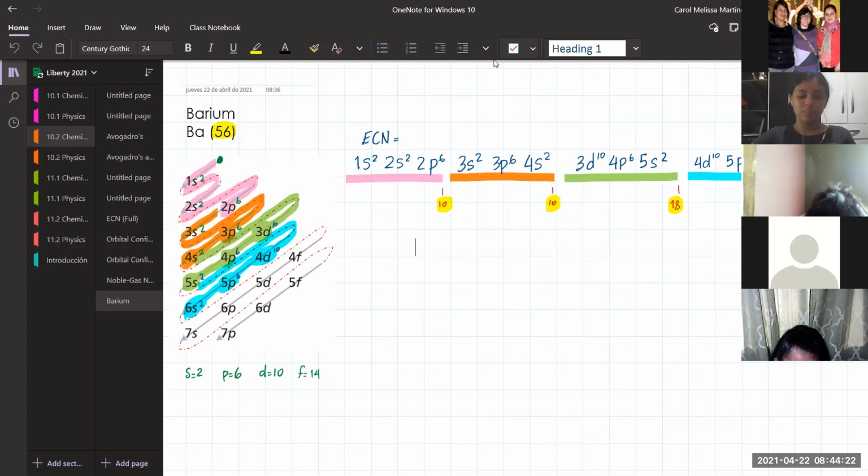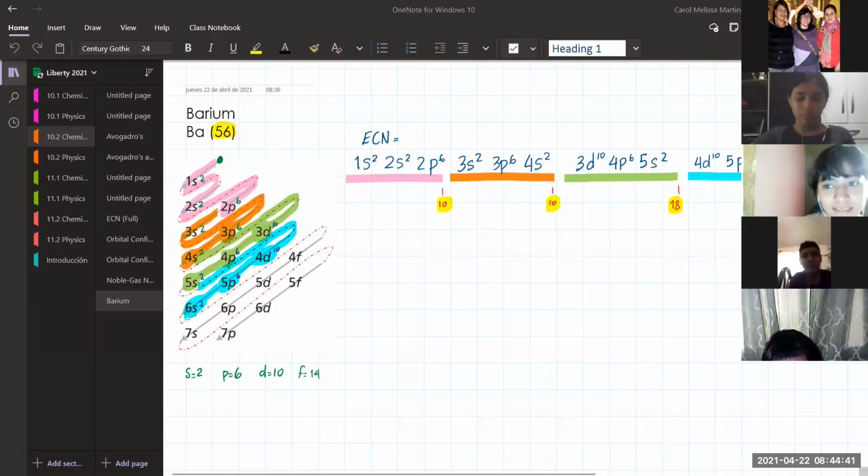Now I have to focus on the periodic table. Barium, which is number 56, okay? What is the noble gas that is before barium?